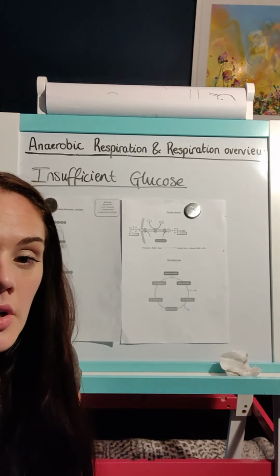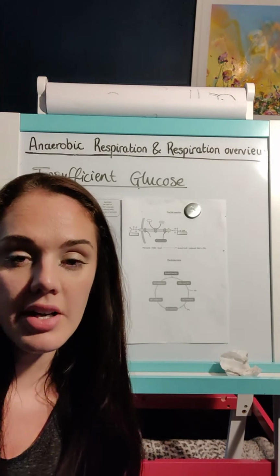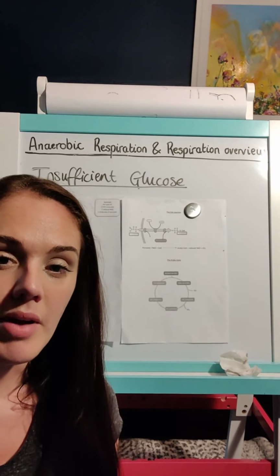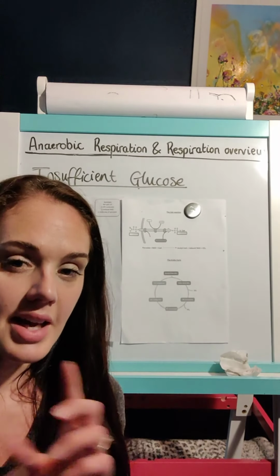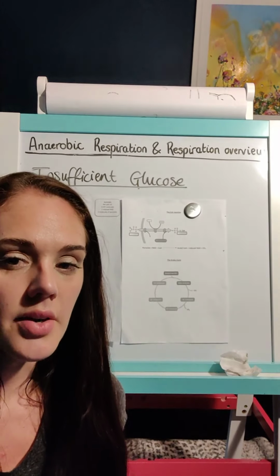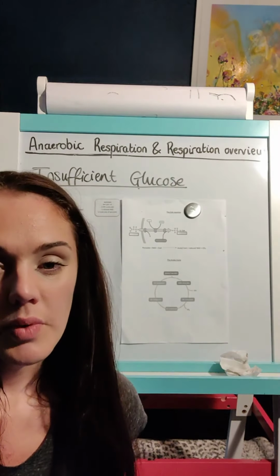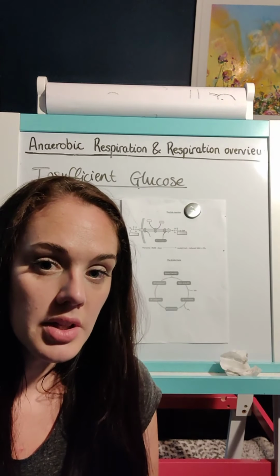Remember, temperature will always affect enzymes and the rate of reaction of the enzymes. And then the other thing for this is the amount of ATP that's needed, because if there's a lot of ATP available, then that can inhibit parts of this. Very clever. So if there is lots of ATP around, then this won't take place as much. When there's less ATP available, then respiration will occur more.